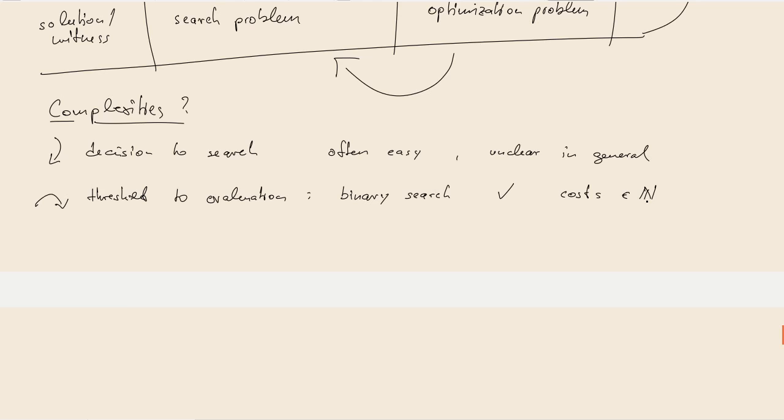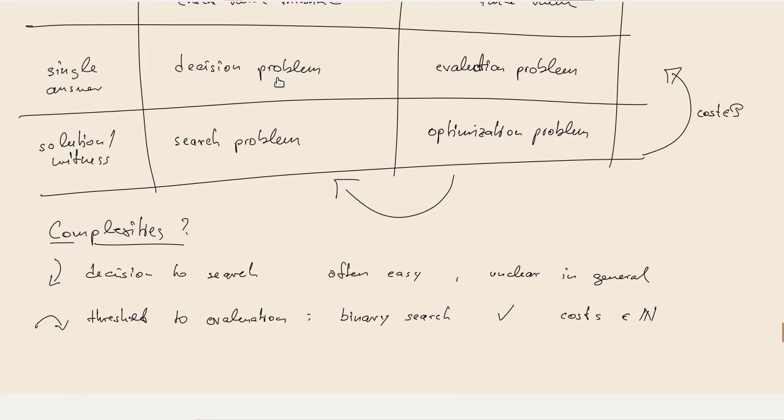So it is essentially sufficient to consider the simplest of these problems, namely the decision problems. It's not fully resolved, as I said, because going top-down is not always so easy. But what we said here in terms of decision and search problems is also true for evaluation and optimization problems.